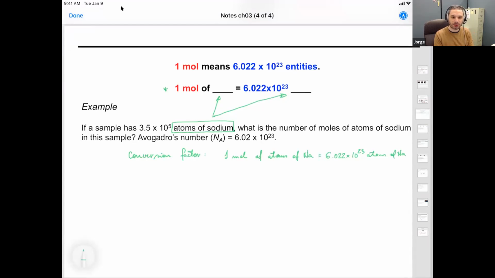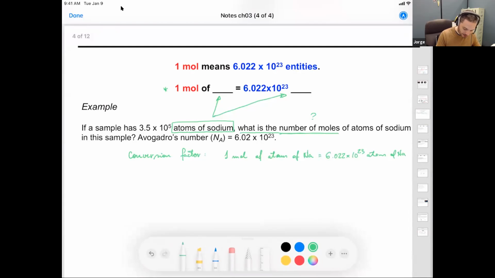So pay attention now. Now the question is giving you the amount of atoms and asking you the number of moles. Okay? So that has to be clear. Question is giving you the number of atoms and asking you the number of moles. Okay? What is the number of moles?